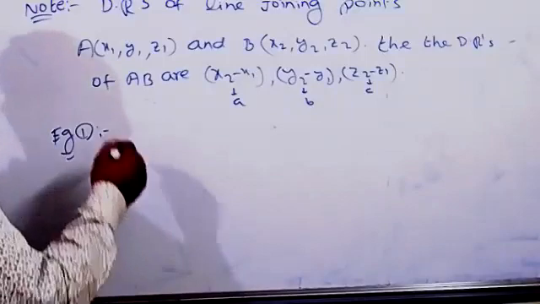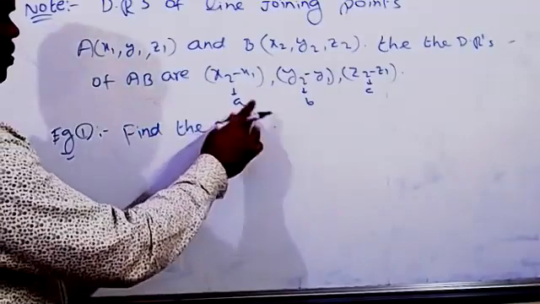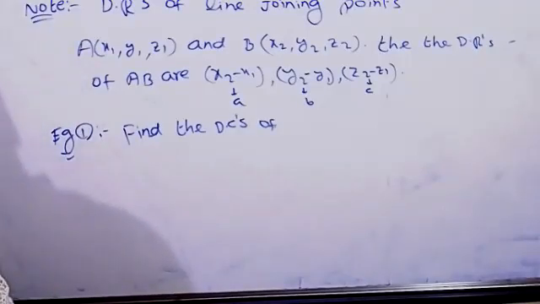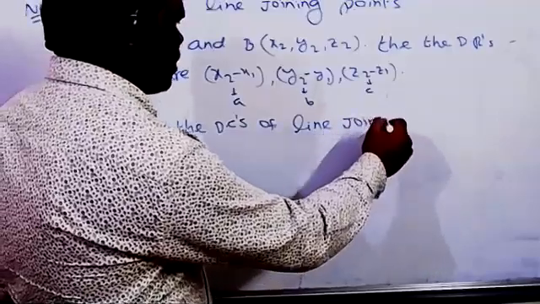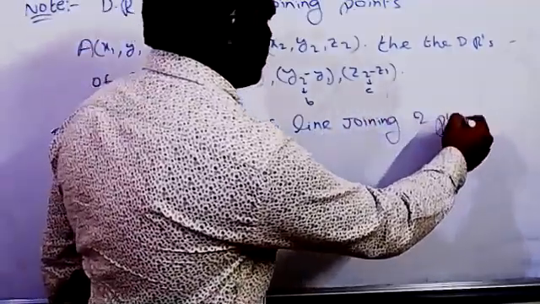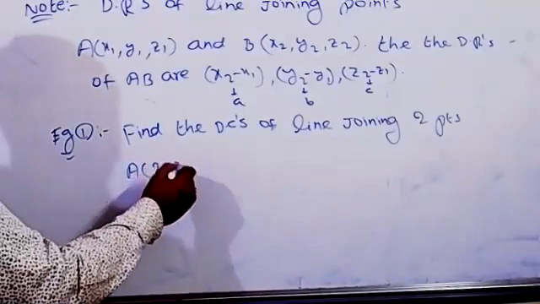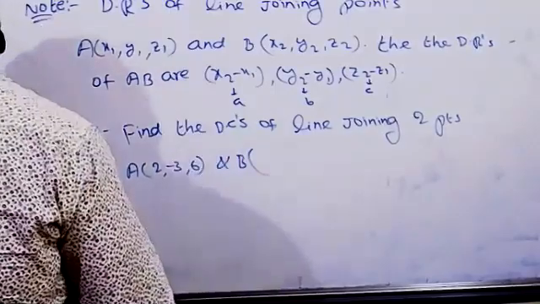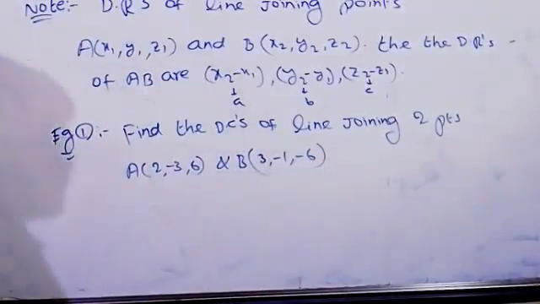Find the direction cosines of the line joining two points A (2, minus 3, 6) and B (3, minus 1, minus 6). Okay, direction cosines are required now.